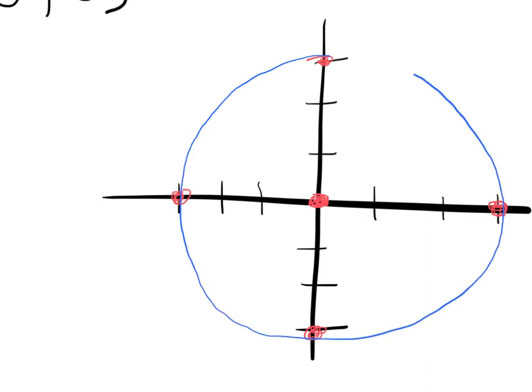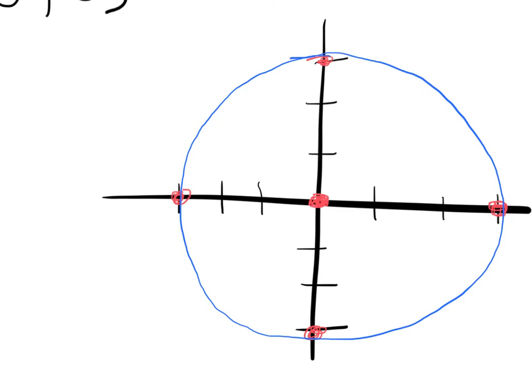I'm going to go out 3 units to the right because that's my radius, 3 units up, 3 units left, and 3 units down. To the best of my ability, I'm going to connect my dots in a circle. That was actually pretty good.